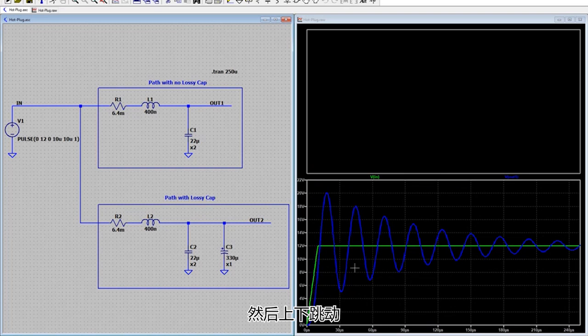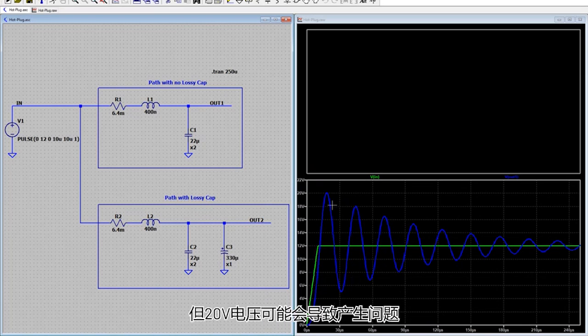And then it bounces up and down, and many of you may recognize this as an underdamped response from your early circuit theory classes. So that ringing behavior decays slowly and eventually ends up settling at the 12-volt level.